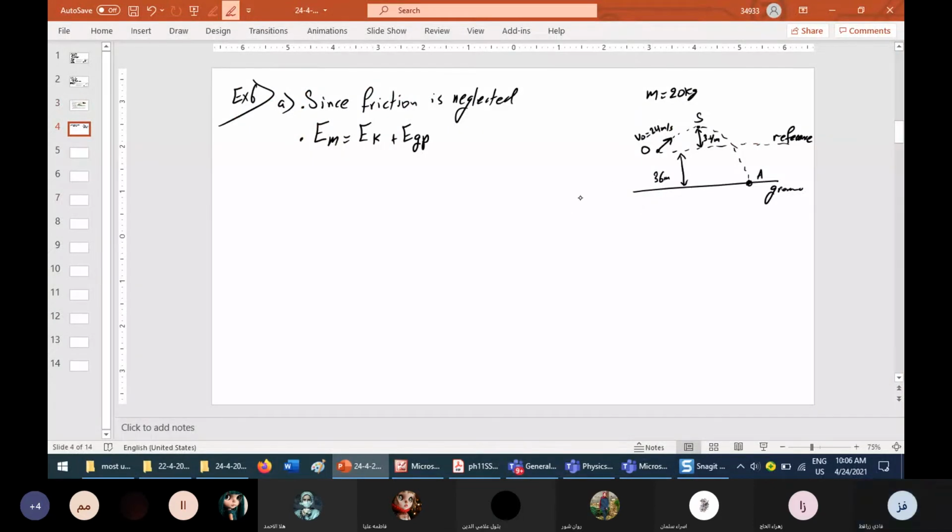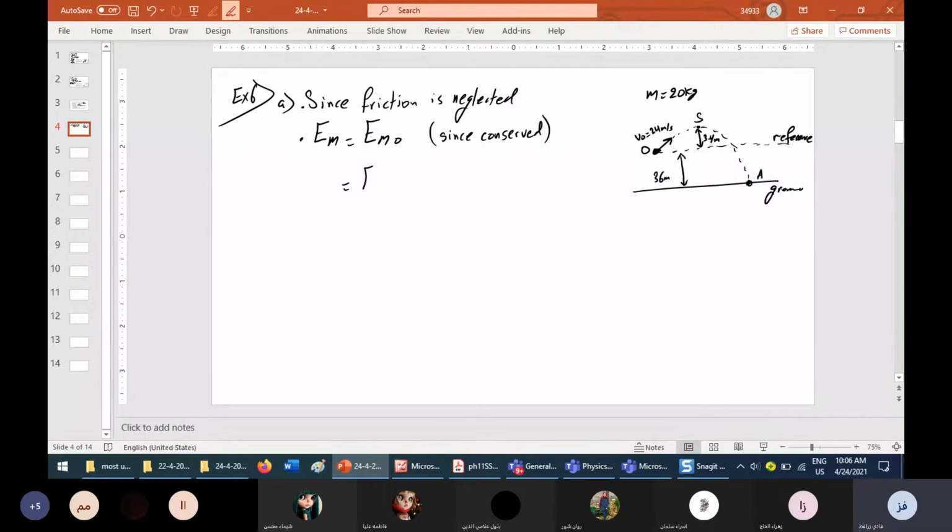At point O we have the speed, so we have the kinetic energy, and the height is 0, so we can get the mechanical energy at point O. Let's say that the mechanical energy at any instant equals the mechanical energy at point O, since it is conserved.